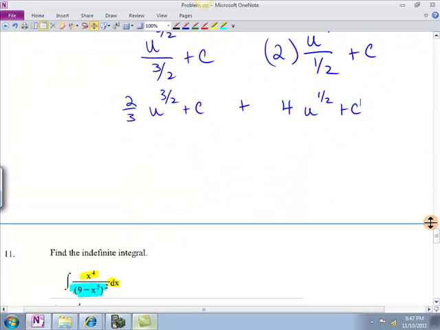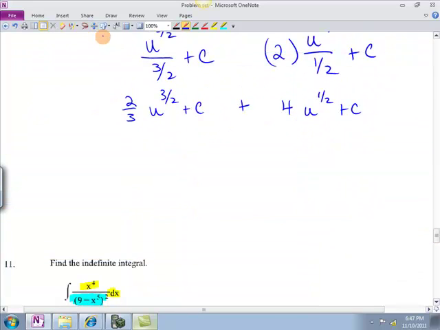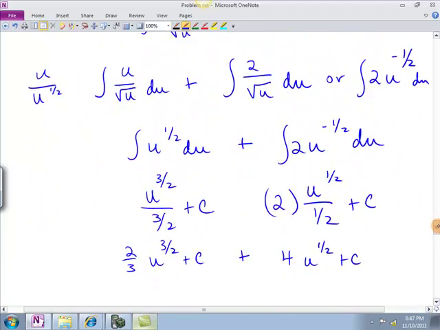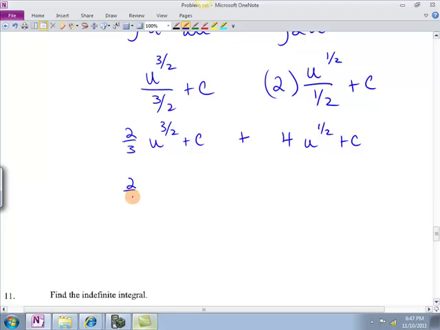Do you remember what u was? x minus 2. So we got 2/3 times x minus 2 to the 3/2 plus c plus 4 times x minus 2 to the 1/2 plus c.